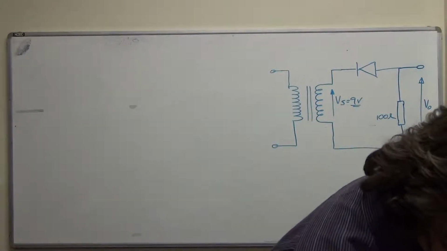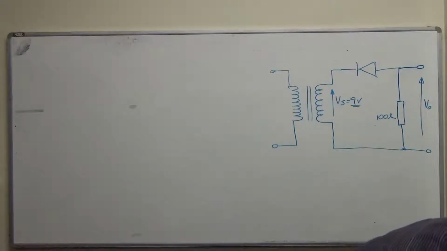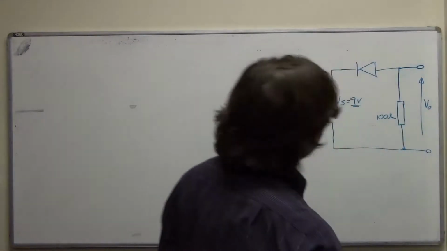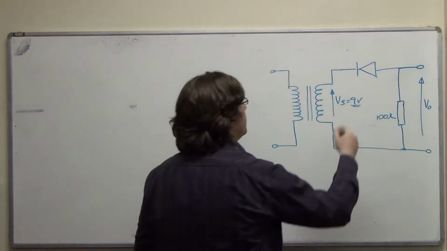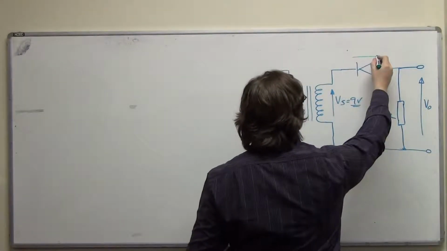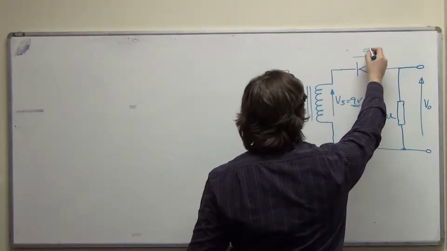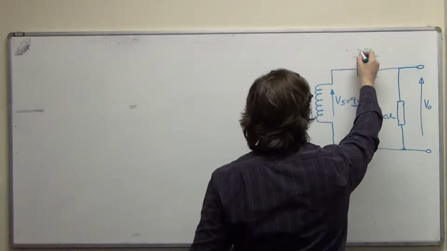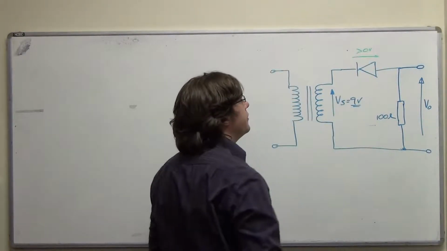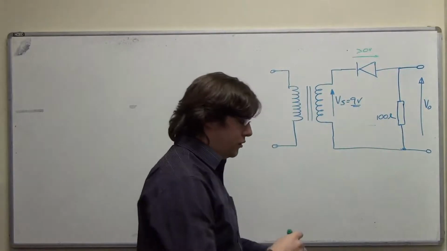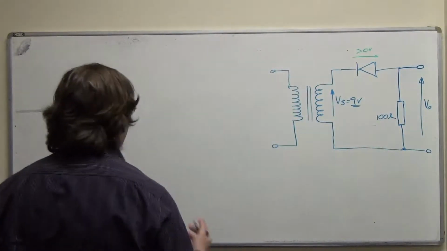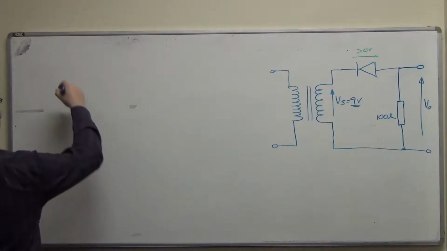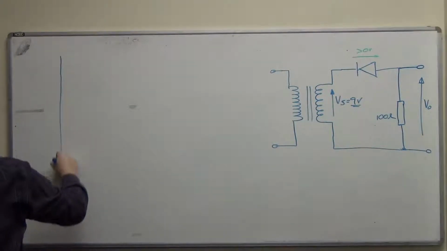So the first thing we can say is, well, the question tells us this diode will switch on with no volts across it, so what we're after is a situation where we have more than 0 volts in that direction. So the question then becomes, if we put a sine wave in, when's the first time that happens? So we can draw a graph.